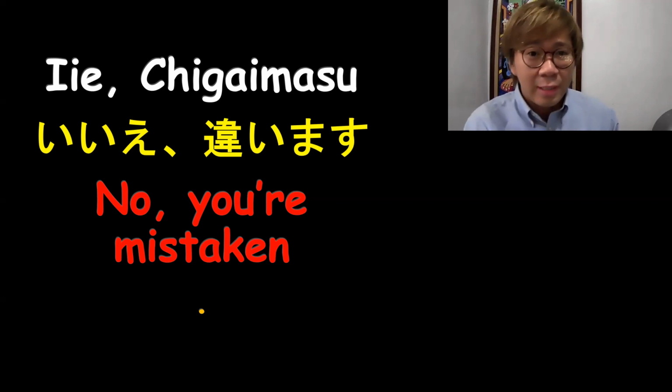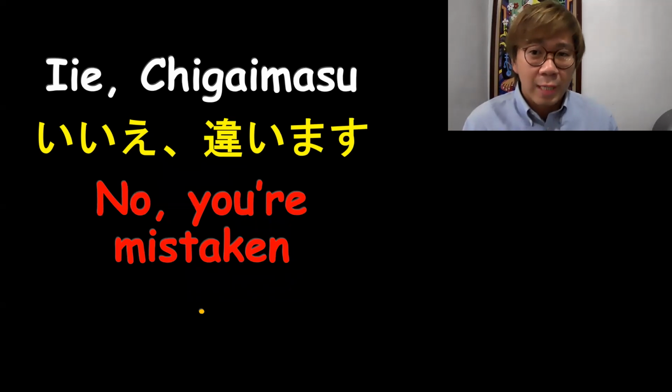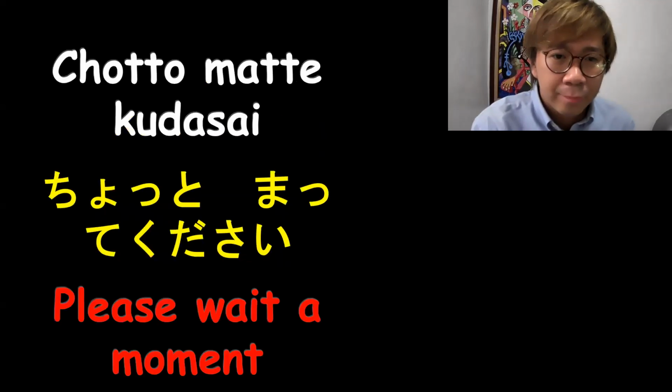So some people will use another way of saying this, chigaimasu, kasi they would say it often in the form of suggestion. Pero this one is medyo diretso talaga siya. So though polite rin naman, but if you're talking with people of higher authority or more senior position, so I think we often use mostly yung parang subtle way of saying things na hindi siya ganun kadirect. So we often use the suggestive form. Okay.